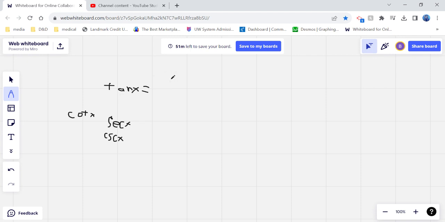Because if we look at tangent of x, for example, we'll start with that. The tangent of x, according to its trig identity, is the same thing as sine of x divided by cosine of x.